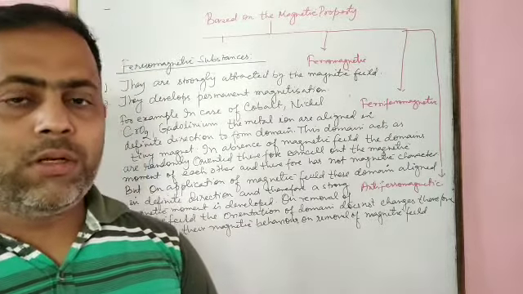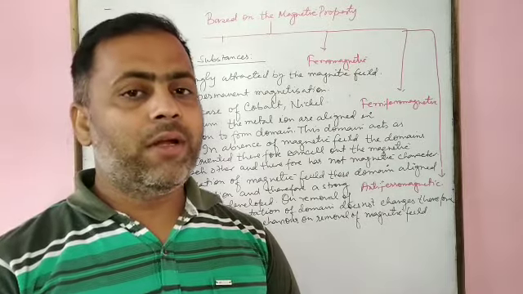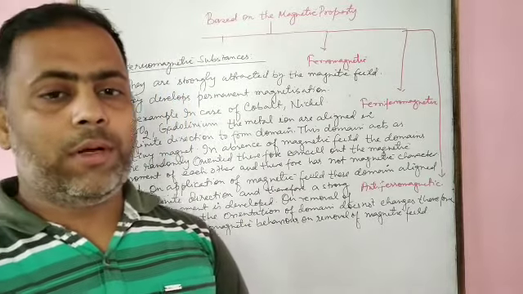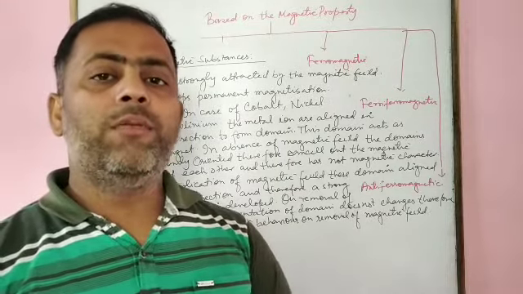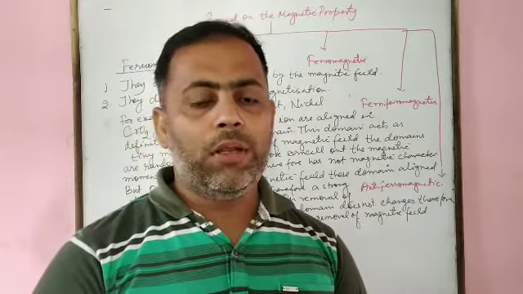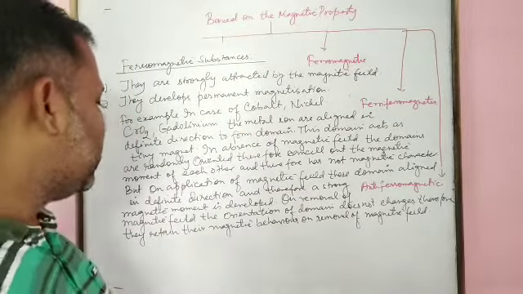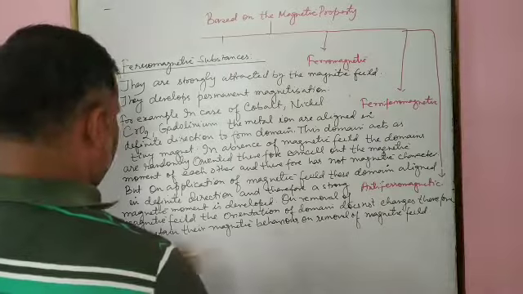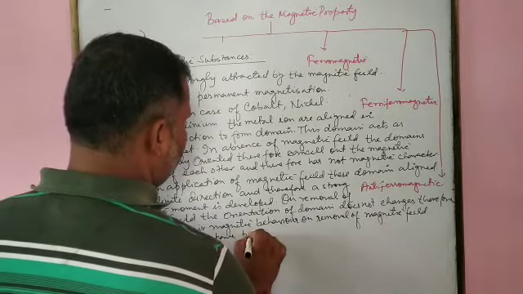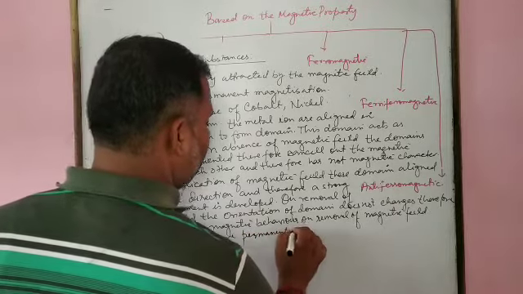But on application of magnetic field, the domains align and therefore have a strong magnetic moment. After removal of magnetic field, there is no change in the orientation of the domains, therefore they have permanent magnetization.